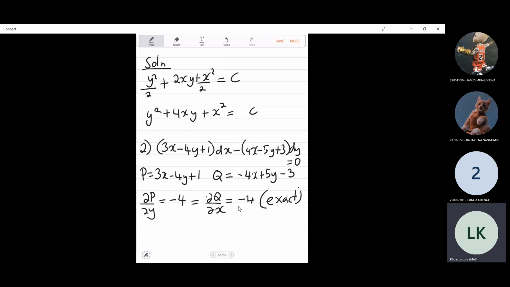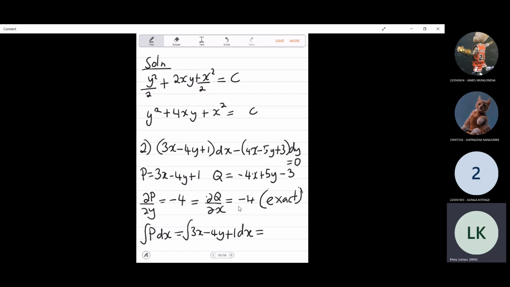So now that we know our differential equation is exact, we can solve it the way that we always do. So I'm going to integrate p with respect to x. This is the integral of 3x minus 4y plus 1 dx.